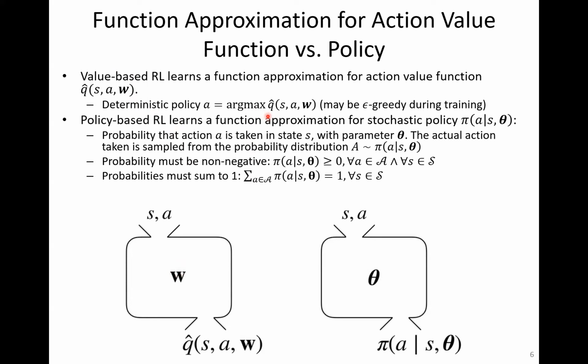You may add epsilon greedy during training. Typically epsilon greedy is only for the training stage. Sometimes you may want to add epsilon greedy even during testing for the trained agent, but generally we don't do that. Generally the agent just follows the deterministic policy at runtime for Q learning.